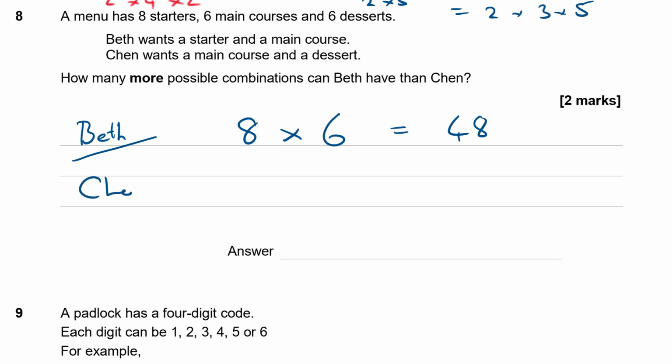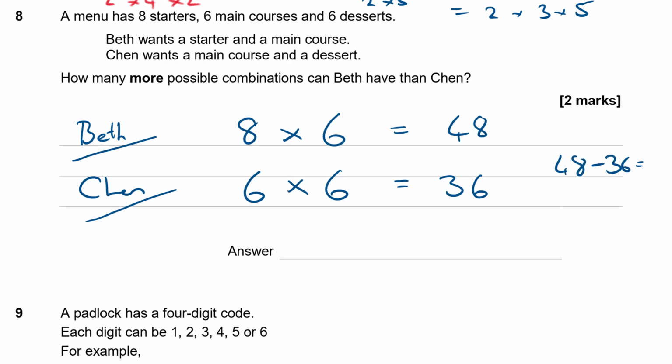For Chen, he has 6 choices for his main course and 6 choices for his dessert. That gives him 36 different combinations. So how many more possible combinations can Beth have than Chen? Then that's going to be 48 subtract 36, which is 12. So that's the answer, 12.